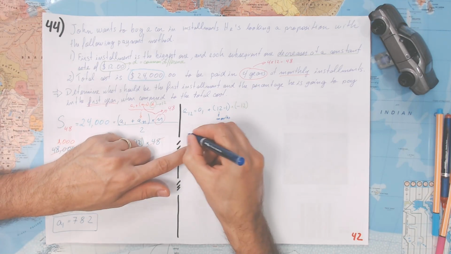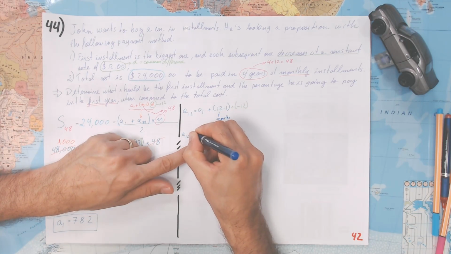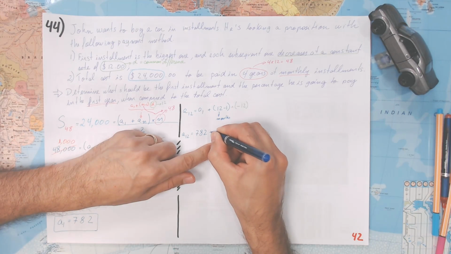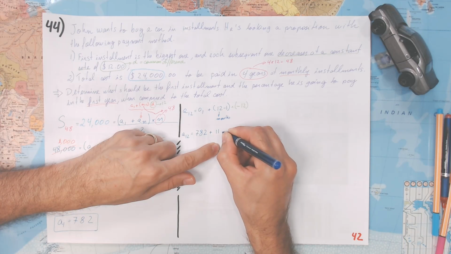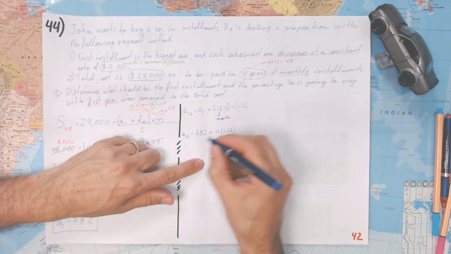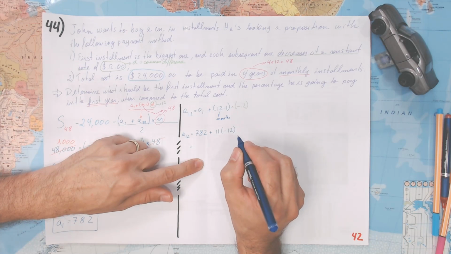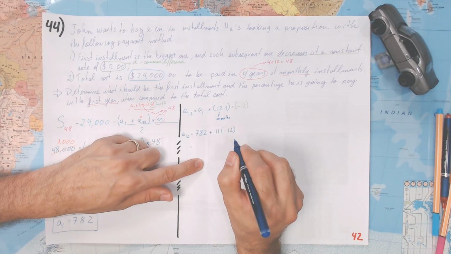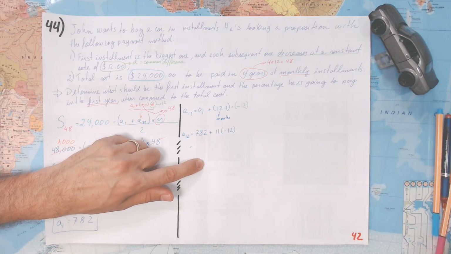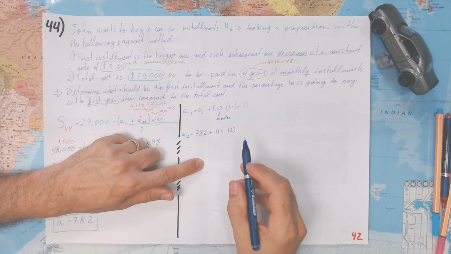Now A12 is going to be what? A1 is 782 plus 11 times minus 12. Okay, so this is just going to be what is it in here? 564. Yeah. No, I'm sorry. 132, right?